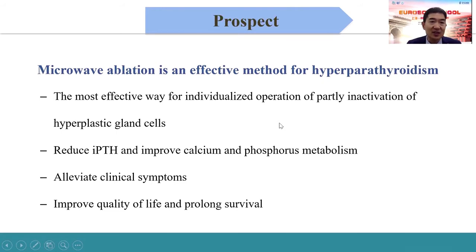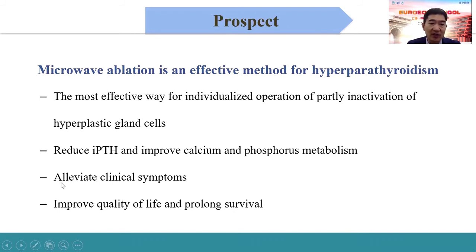And in the last case, microwave ablation would be used as an effective method for hyperparathyroidism. This is the most effective way for the operation of partly inhibiting hyperparathyroid cells. So microwave ablation could reduce the value of iPTH and improve calcium and phosphorus metabolism.